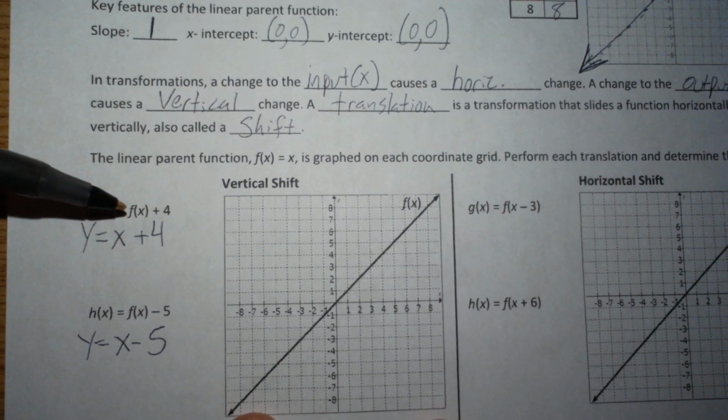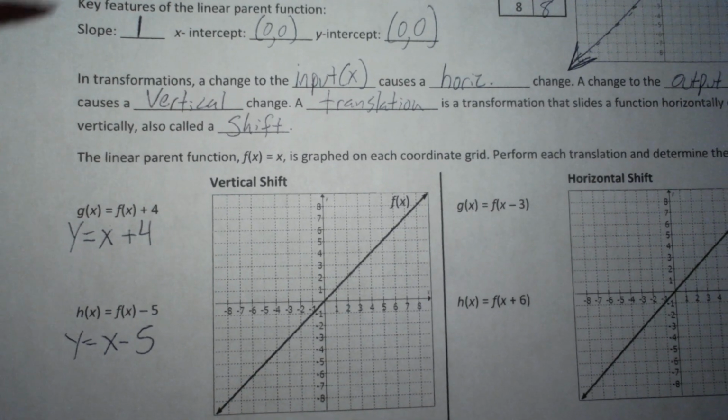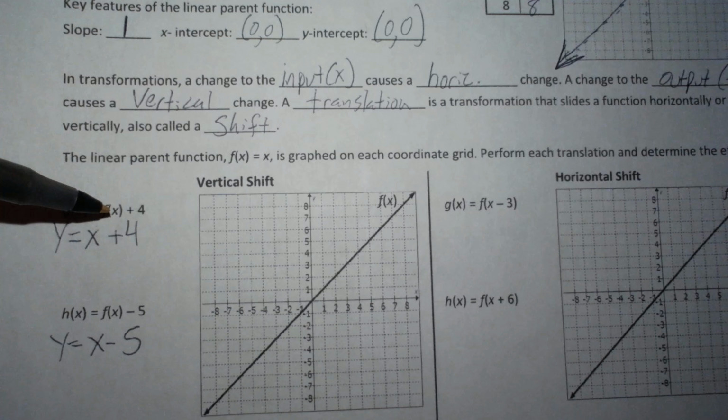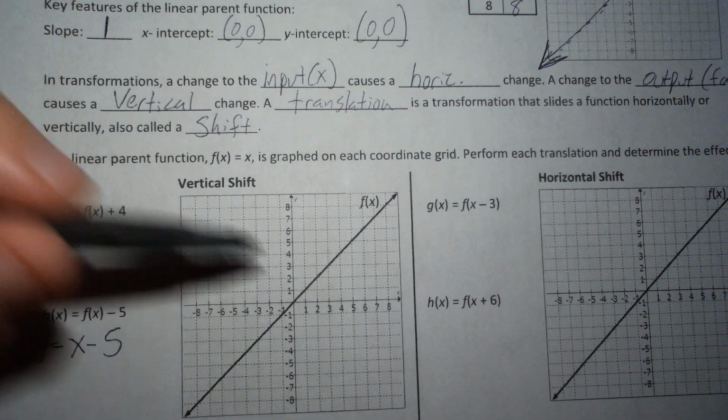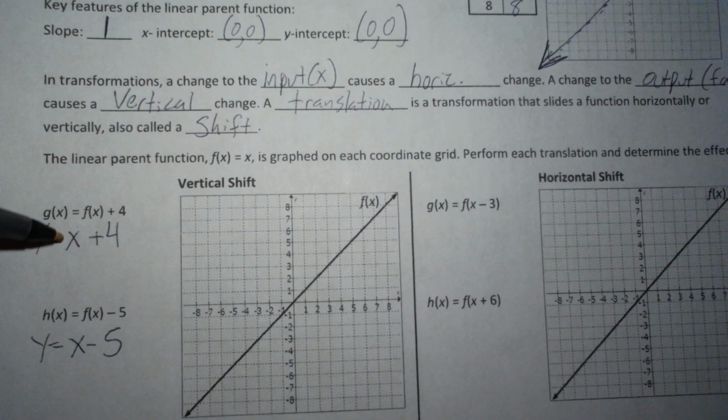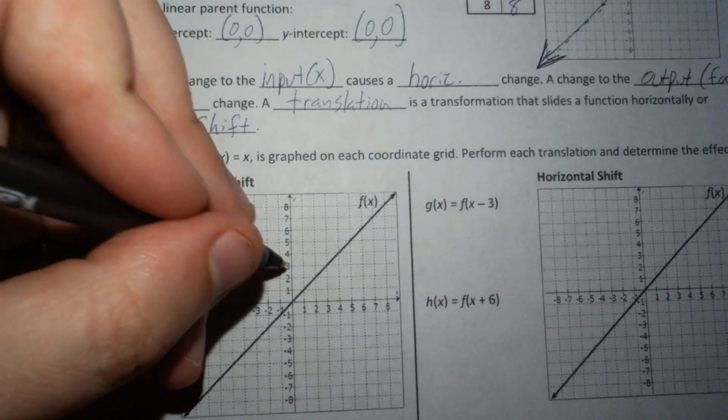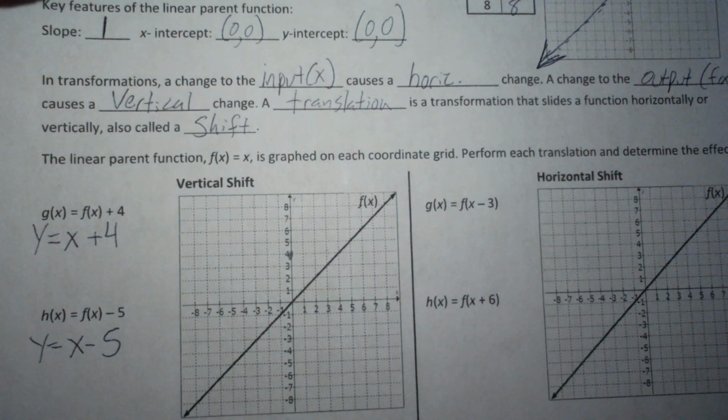The way it looks here kind of overcomplicates it. If we're doing y equals x plus 4, that's taking this line, and the slope's still 1. The y-intercept now is just 4.